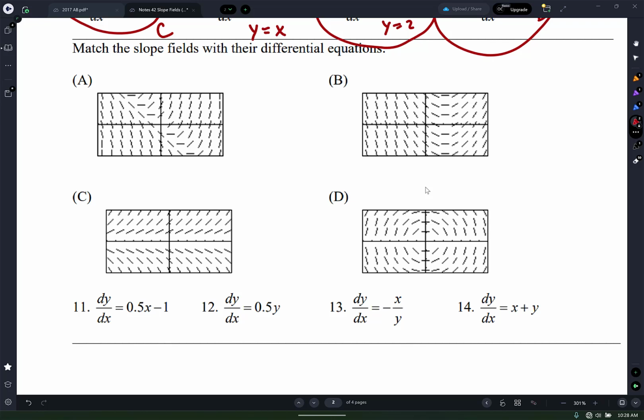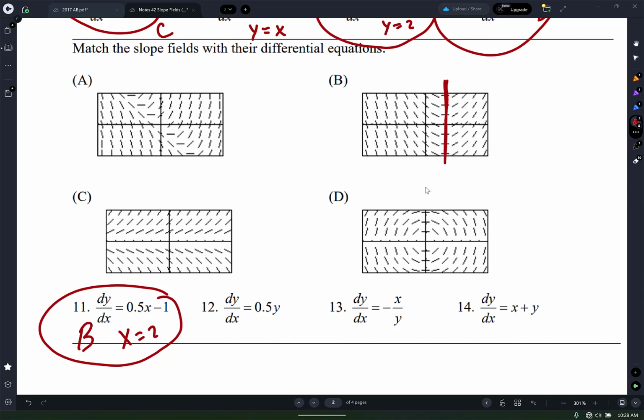When x equals 2, 2 times a half is 1, 1 minus 1 is 0. So I looked and I'm like, hey, that looks like 2. And I know that everything larger than 2, I'm going to have positive slopes. And everything to the left of x equals 2, I'm going to have negative slopes. Do you guys see that? So number 11 is letter B.